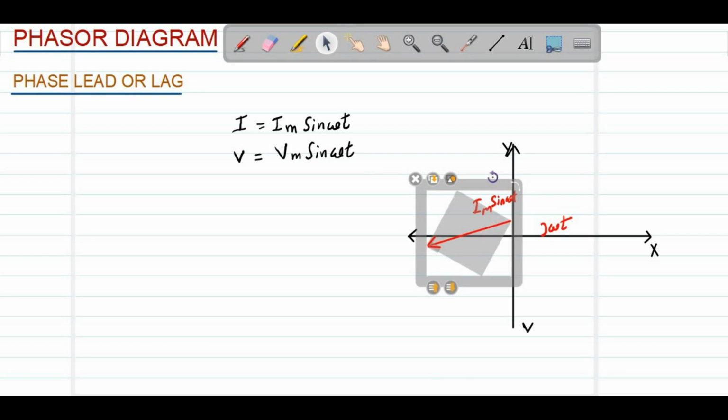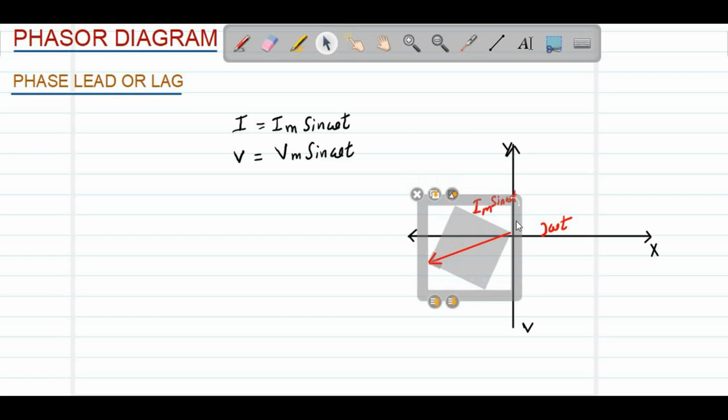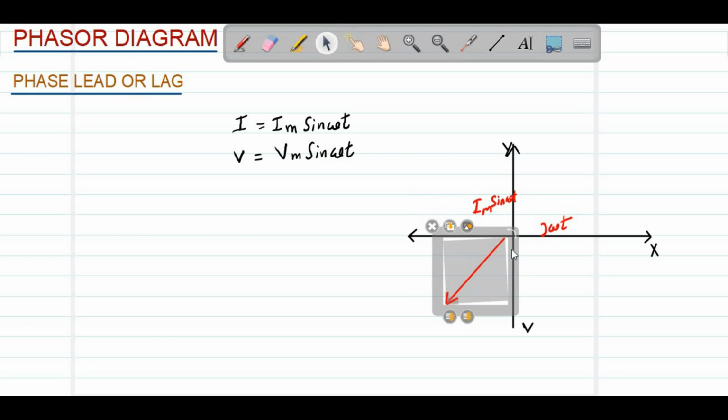Again when it rotates in the same anti-clockwise direction, you can see its projection will come in the negative y direction. So minus Im into sin omega t value will start increasing in the opposite direction. And as it rotates more and more in that same direction, the projection on the y-axis will be this much, till here.